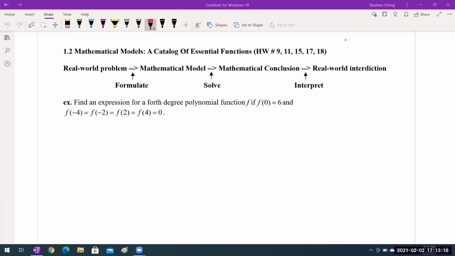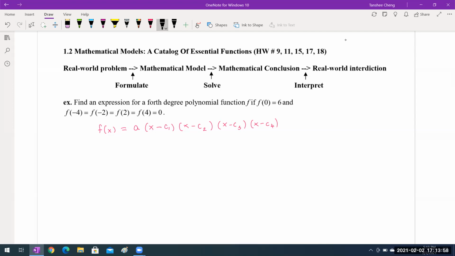A quick recall: a polynomial function with the zeros can be rewritten in terms of factors of the zeros first: x minus c sub 1, x minus c sub 2, x minus c sub 3, and x minus c sub 4. This is because I only have 4 zeros, and we are interested in a 4th-degree polynomial, so I just stop right here. You can continue as many factors as you want, if you know the number of zeros and the degree of polynomial that we're looking for.